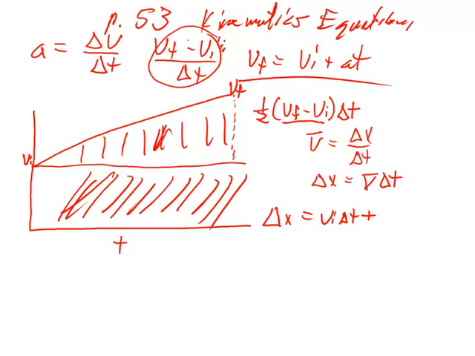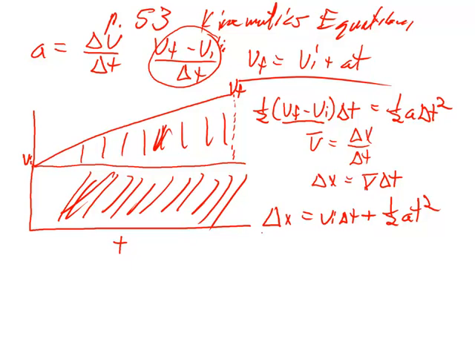And so we substitute and it becomes one half A delta T, or T squared. And so we come back down here and we substitute in one half A T squared.